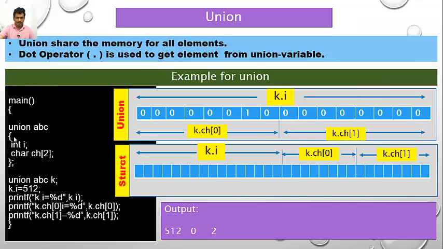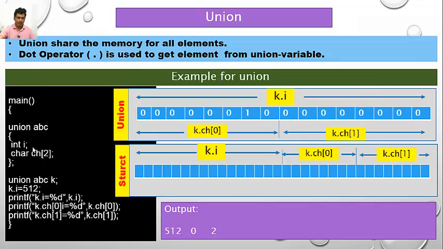For example, if we add another third element, float f, assume that in the union integer I is one element, ch of 2 is another element, and we introduce the third element, float f. What is the size of the union?